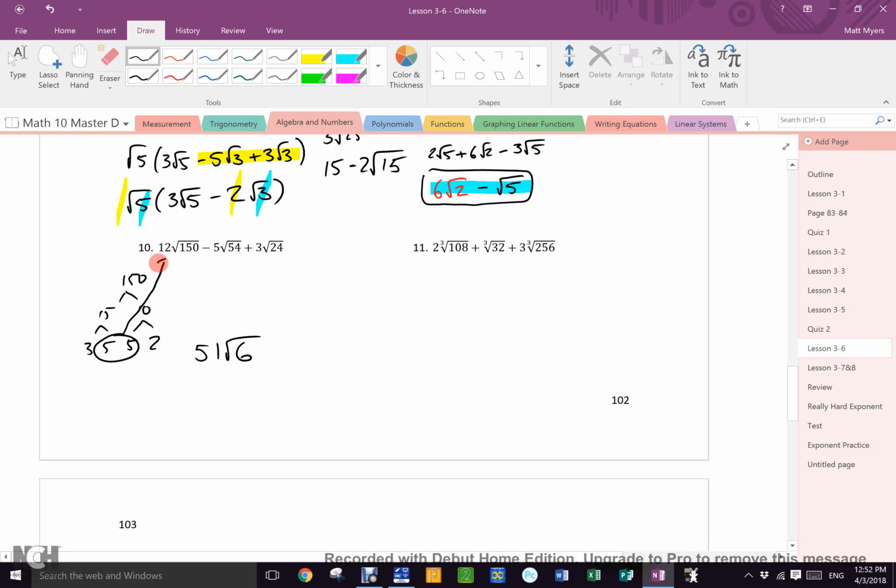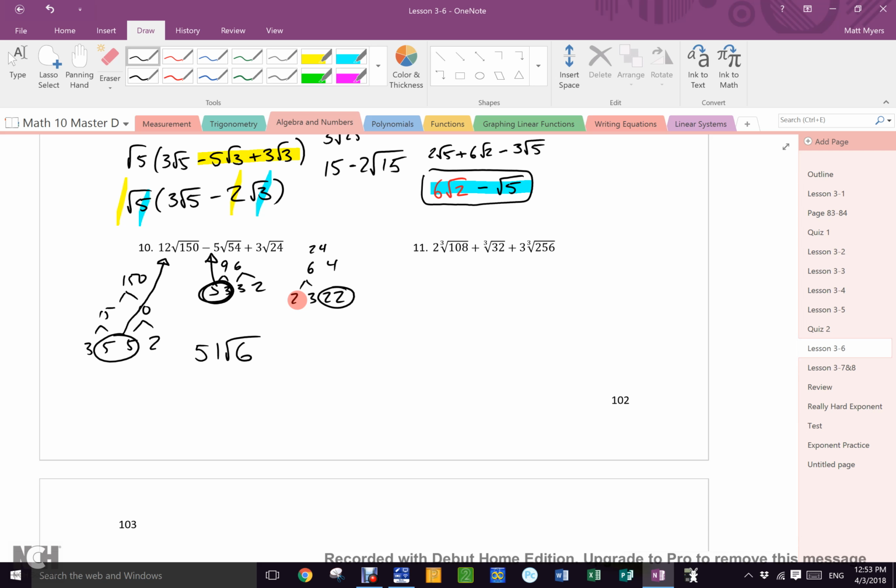So out comes that 5, leaving behind 2 times 3. 54, 9 and 6, 3, 3, 3, 2. There's your group of 2. Out comes a 3. 24, 6 and 4, 2, 3, 2, 2. There's your group of 2, leaving behind a 6.